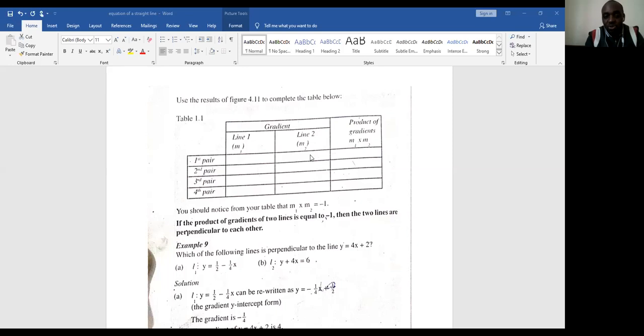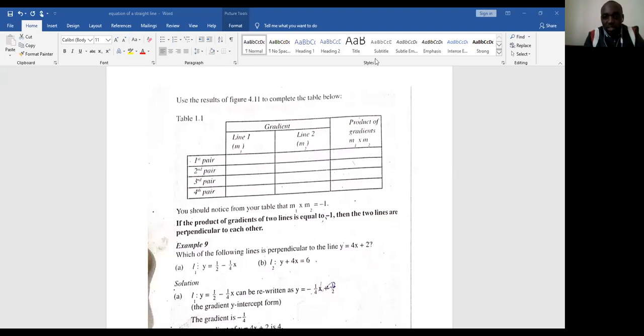The answer that you should get should be equal to -1. So if you take the gradient of line 1 and the gradient of line 2, you multiply them and find the answer is -1, then that is the test that the 2 lines are perpendicular. That is how you can ascertain that the 2 lines are perpendicular. So you take M1, you take M2, and then from there you can multiply.